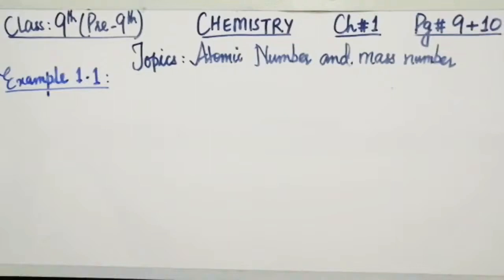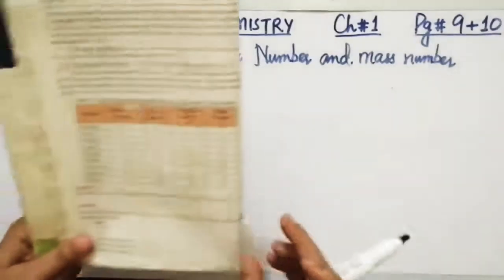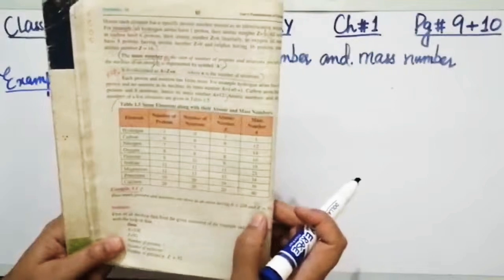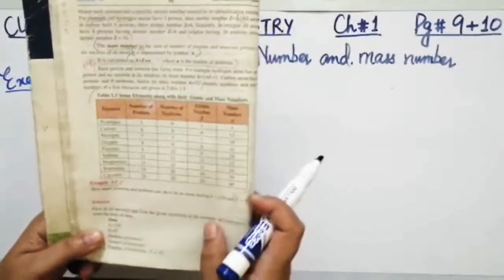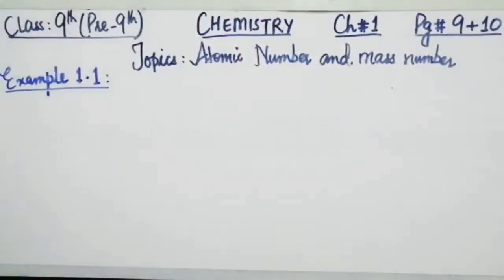Now I am going to solve an example which is given on page number 10 of your textbook. Example 1.1 says: how many protons and neutrons are there in an atom having A equal to 238 and Z equal to 92? So how will you solve this example?